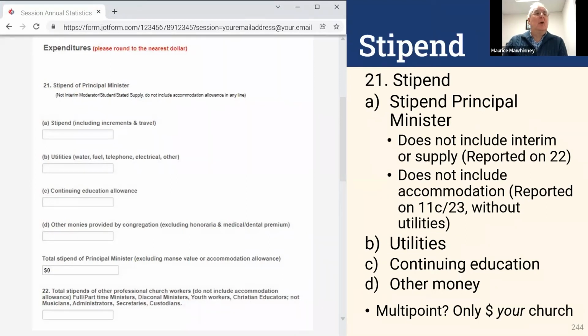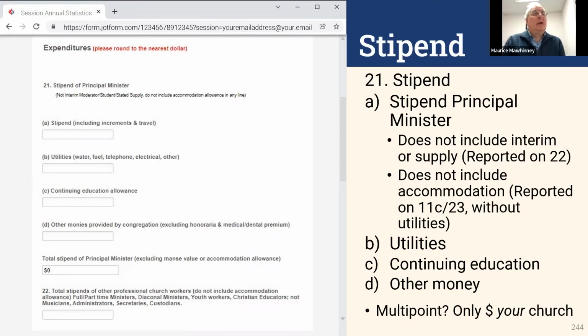Then going on to line 21B, you would expect to pay the utilities for your minister. And again, you would put that down. Now, it may either be that you pay them directly, or you give them a fixed amount, or he asks for reimbursement of your expenses.